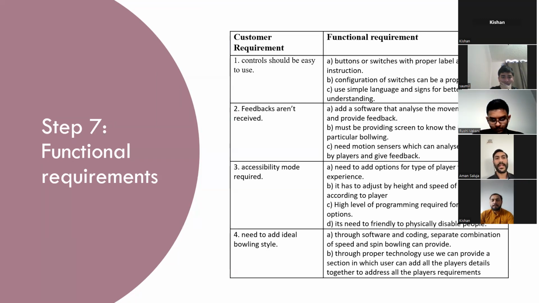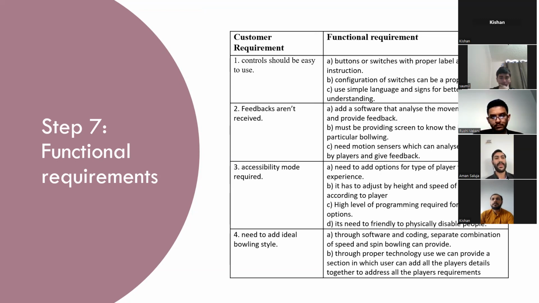So the functional requirements which we came up with to tackle this issue are that buttons or switches should have proper labels and configuration should be in a proper sequence. Language should be simple and signs should be there for better understanding.